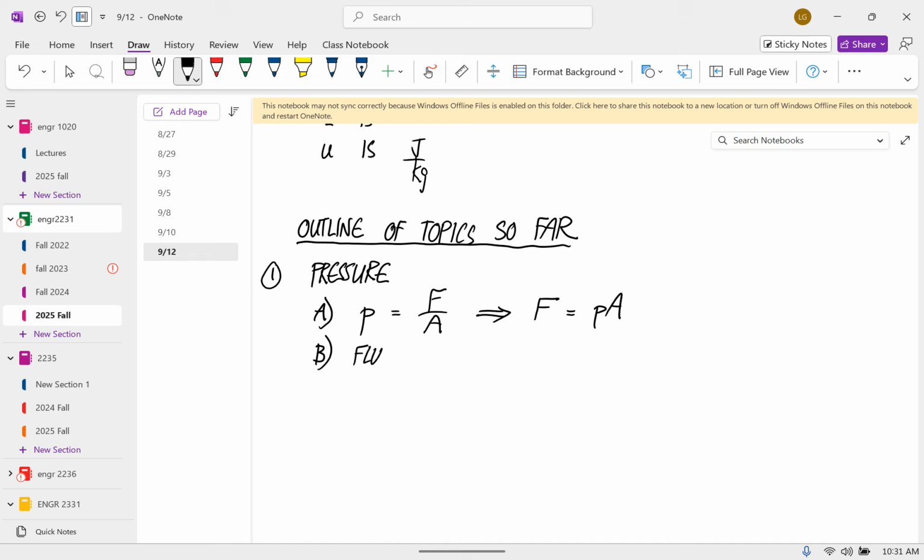So if a fluid is at rest and continuous, then the pressure at the lower altitude is equal to the pressure at the higher altitude plus the density of the fluid times 9.81, or the gravitational acceleration, times the difference in height between the high and low altitudes.